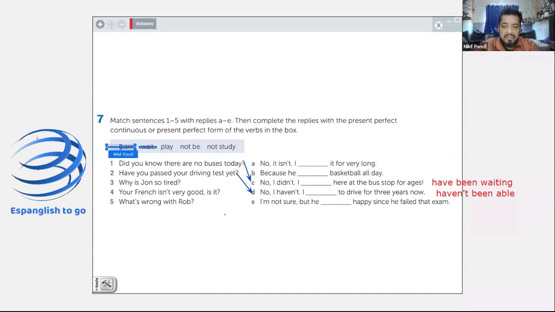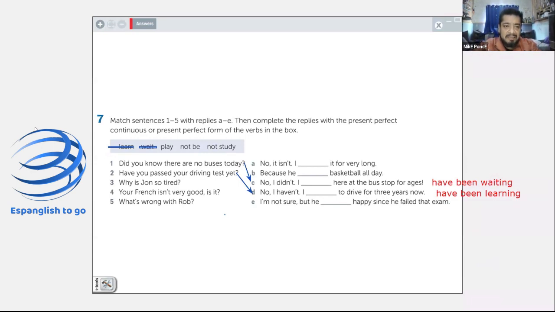So change for learn, and the sentence should say in affirmative, I have been, yes, because it's present perfect continuous, and then learning. I have been learning to drive for 3 years now, but he hasn't passed the driving test. Oh my God. 3 years of learning? It's a lot of time. I think that person should have passed the driving test in this moment.